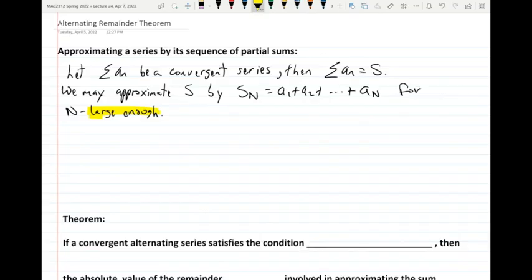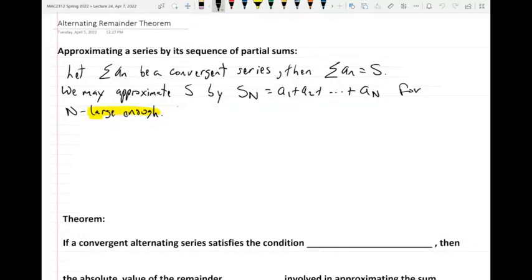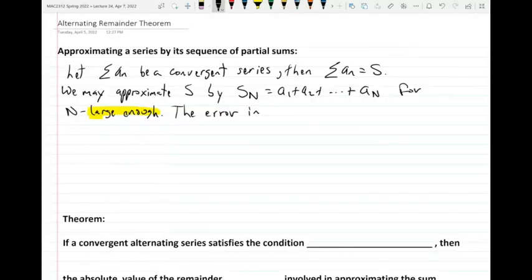Now, what's the error that we make when we approximate S with Sn? The error is given by the difference of these two quantities, right? The actual value is something that you don't know, then you approximate by something that you know. The difference is the error that you're making. So the error in this approximation is, let's call it En, and by definition, this is S minus Sn, right?